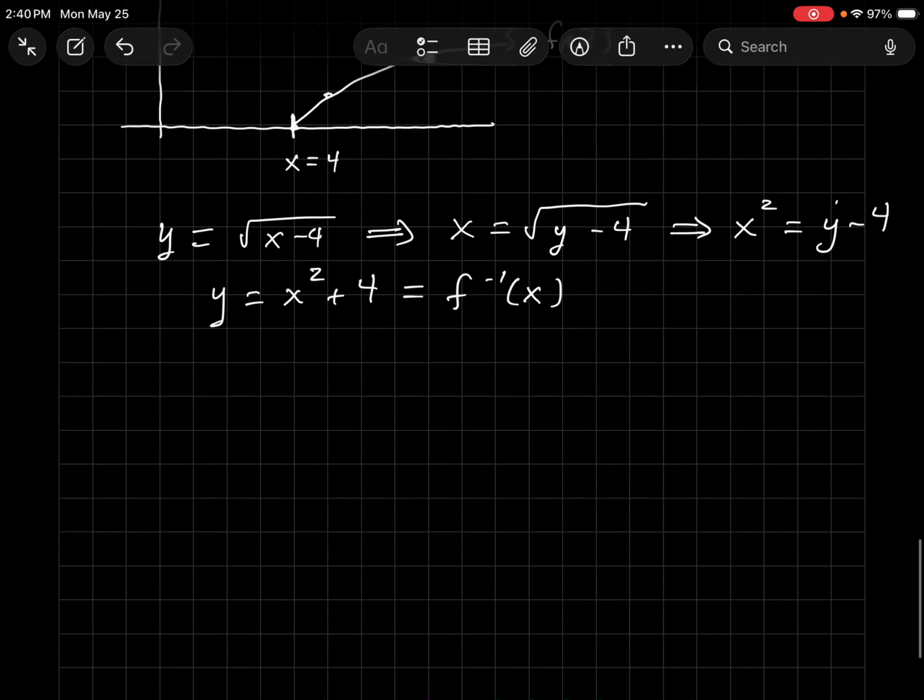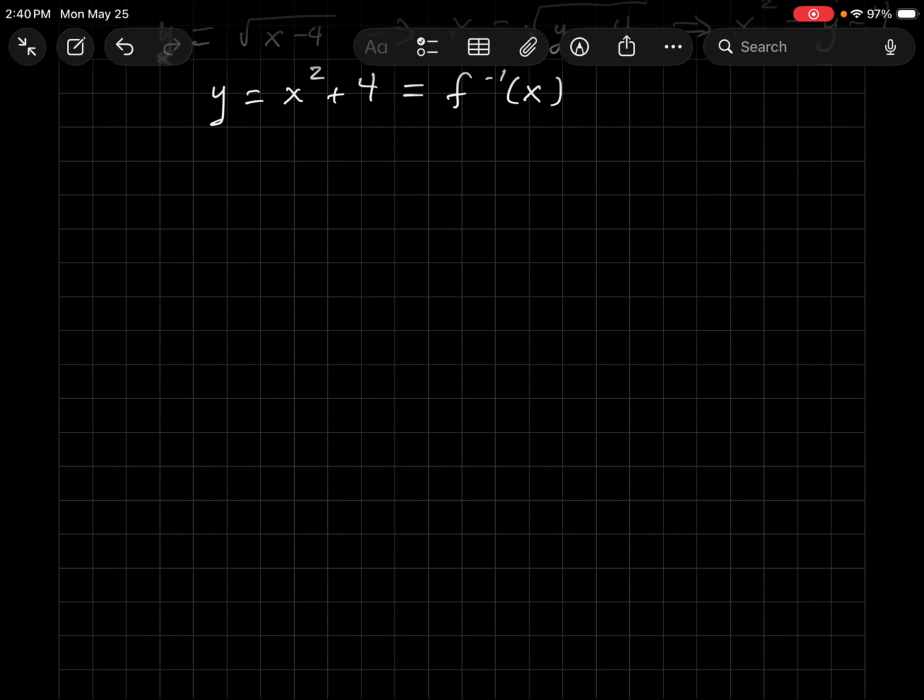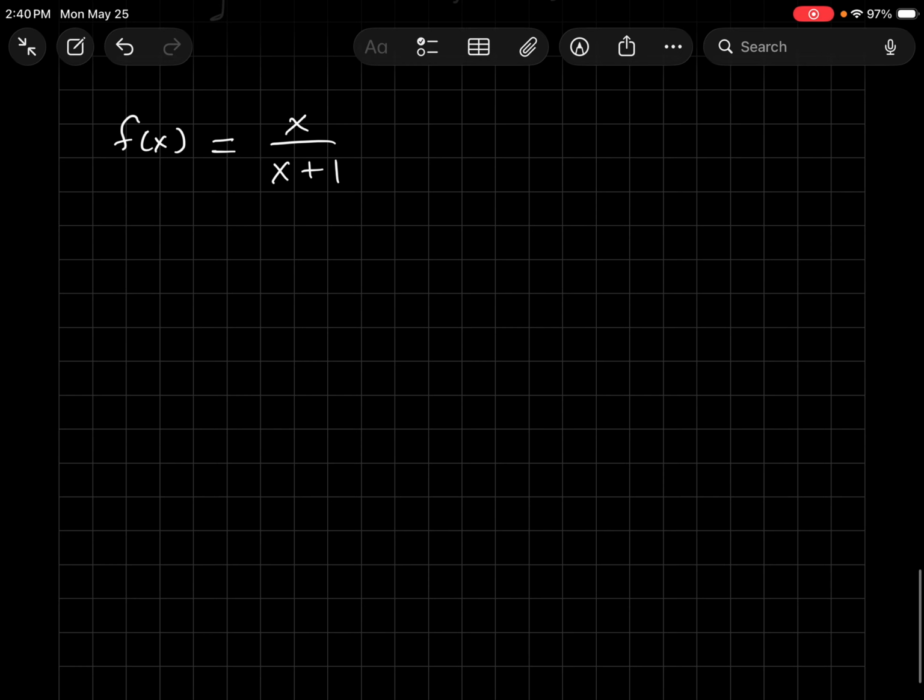One more function, and let's make this one a little bit more complicated looking anyways. So what if we had the function f of x equals x over x plus 1, which I'm going to rewrite f of x as y.